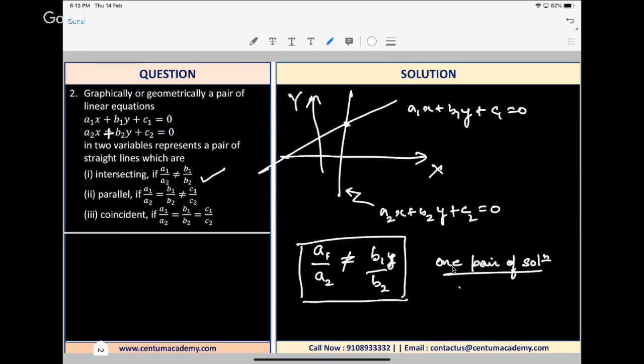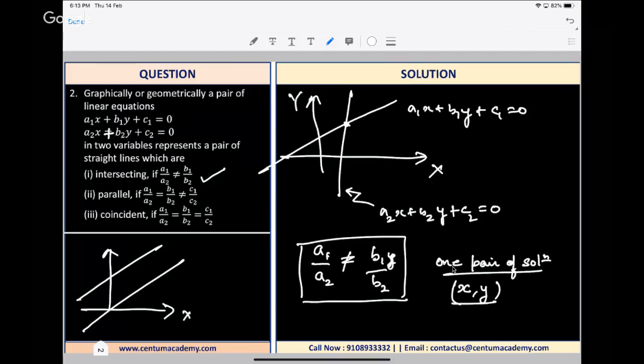Pair of solution means you will get one set of x and y. The other condition could be if they are parallel. Let's say these are parallel lines.